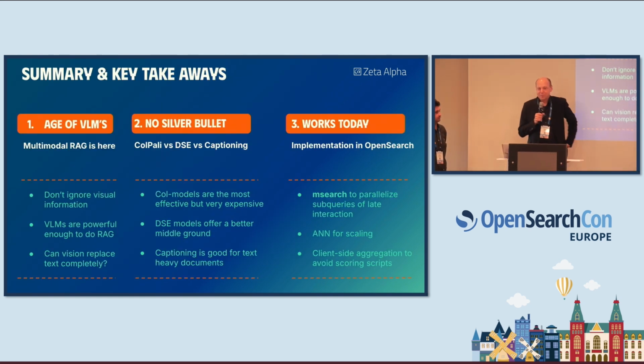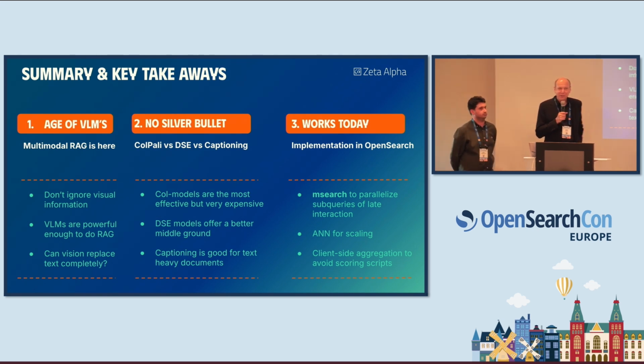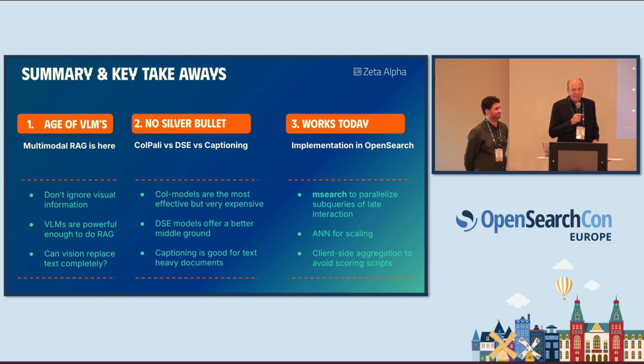So, summarizing the main points of our talk, we are now living in the age of vision language models, and multimodal RAG is here today. So there's no longer a reason, even for old natural language processing and search dinosaurs like myself, to sweep visual information under the carpet.